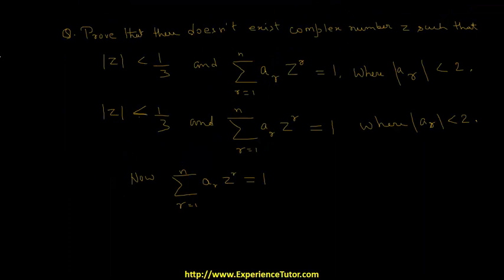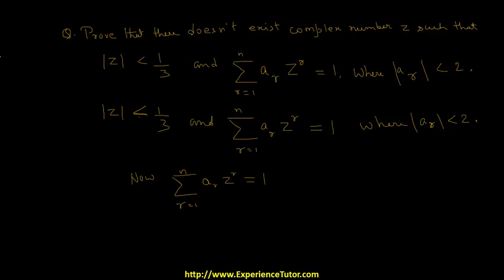Now the next question is, prove that there does not exist a complex number z such that modulus of z is less than 1 by 3 and sigma r is equal to 1 to n ar z to the power r is equal to 1, where modulus of ar is less than 2.